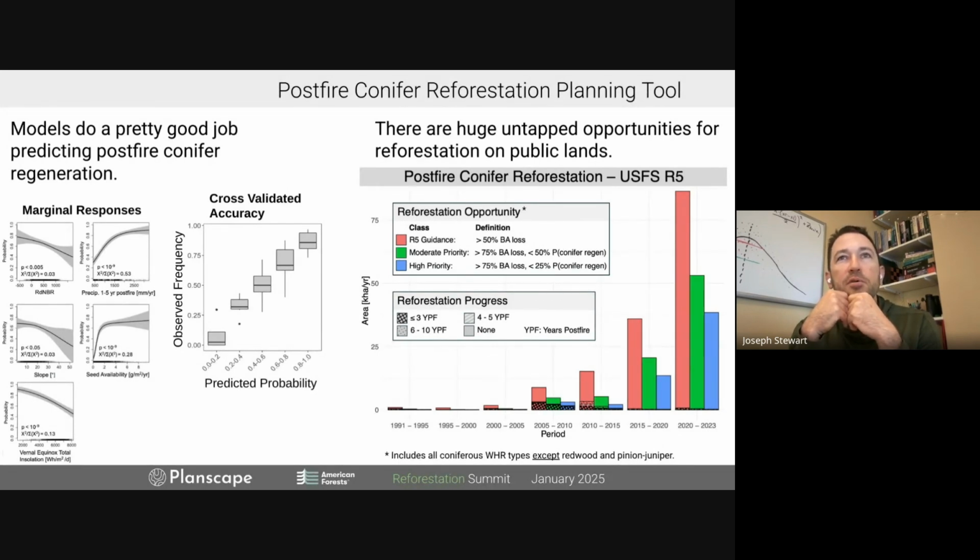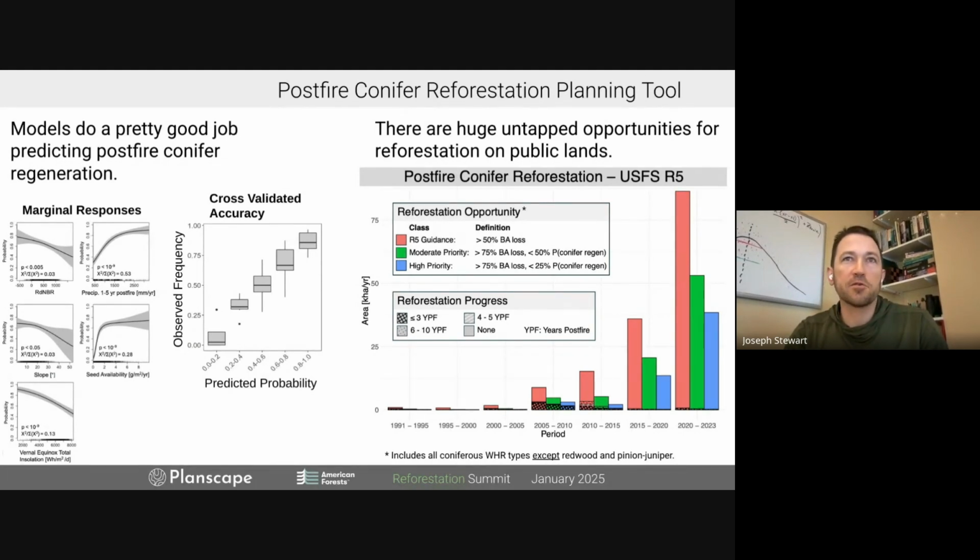If we look at the right-hand part of this slide again, we can see 3 different colors, and this plot focuses on all Forest Service lands in California, excluding redwood and pinyon juniper vegetation types. The red color is the Region 5 guidance, the guideline from the region for reforesting all areas with greater than 50% basal area loss.